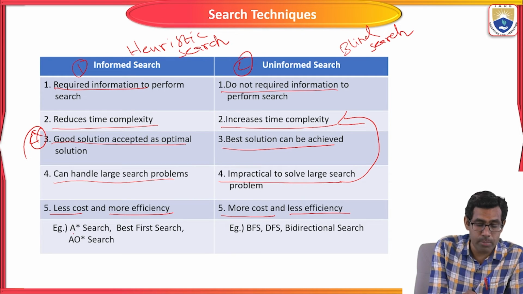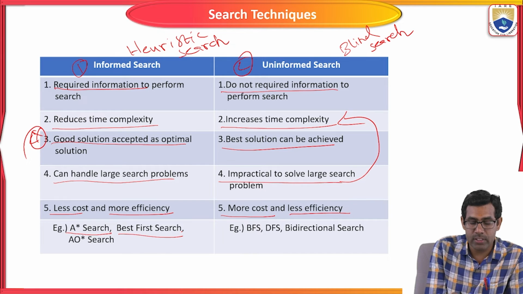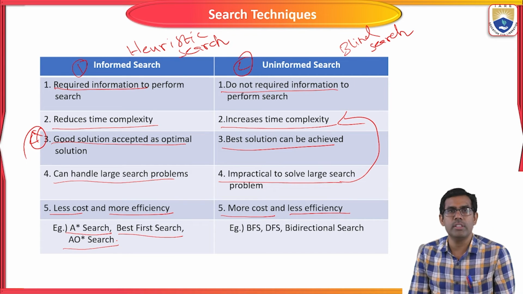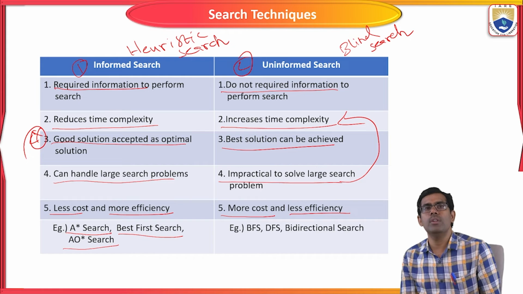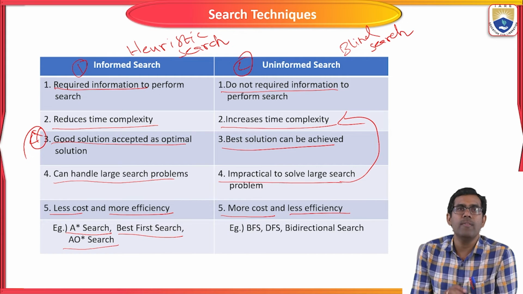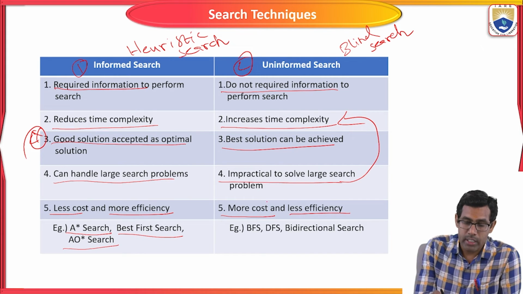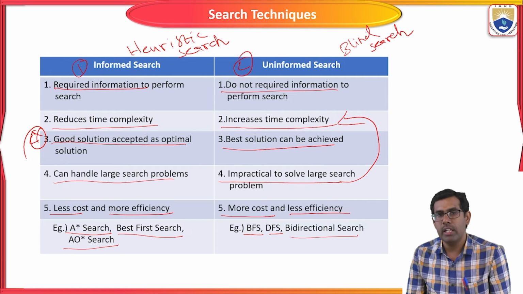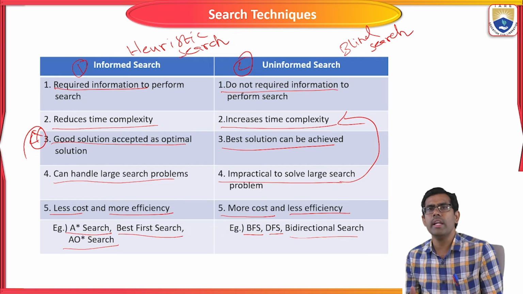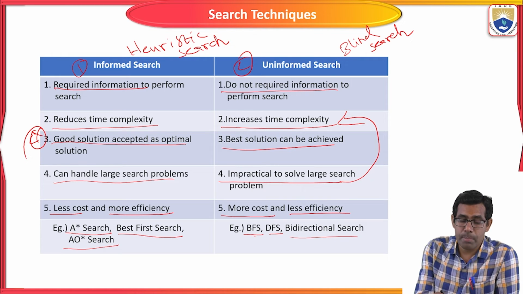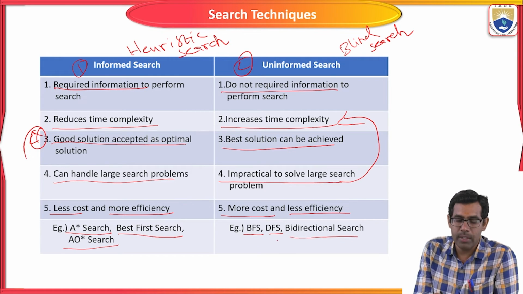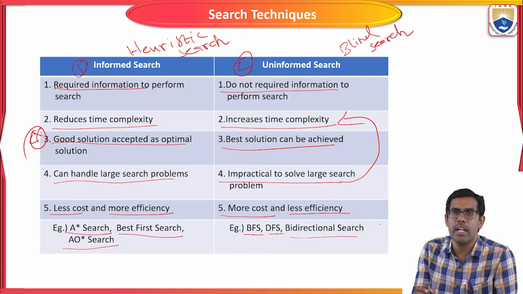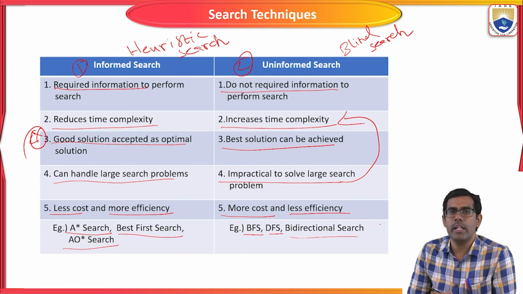Based on that, as an example, A star search and best first search are the best examples of searching algorithms for informed search. For uninformed search, we have BFS, DFS, and bidirectional search. There are also hill climbing, BFS meaning breadth first search, DFS depth first search, bidirectional search, and heuristic hill climbing.